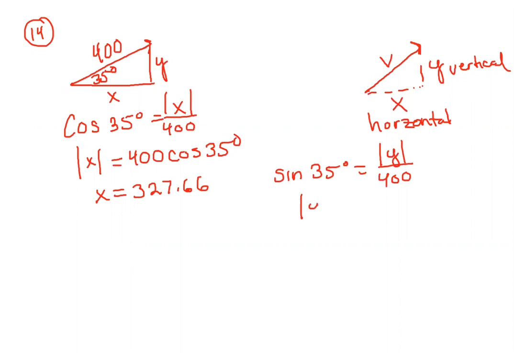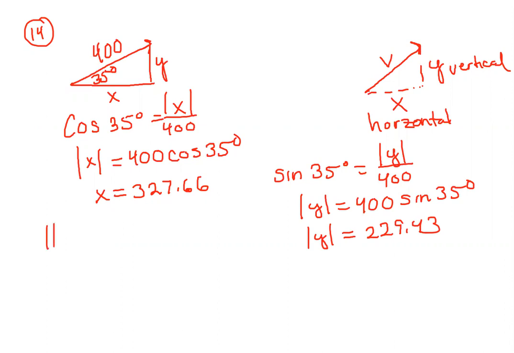And we're going to solve this, and we get the absolute value of y equals 229.43. So it asks you to find the magnitudes of the horizontal and vertical components.